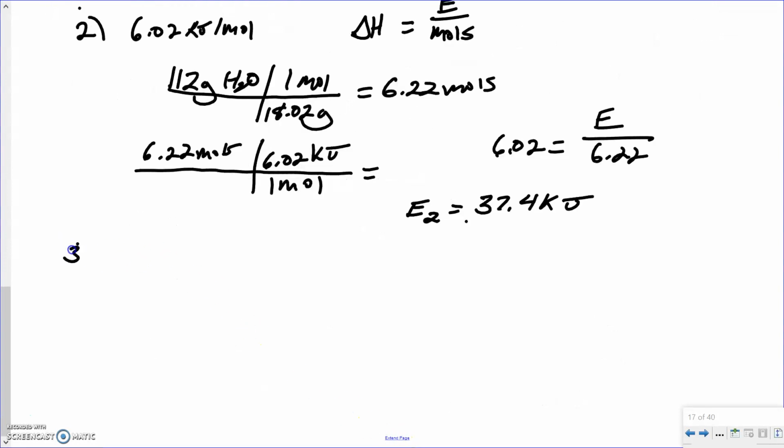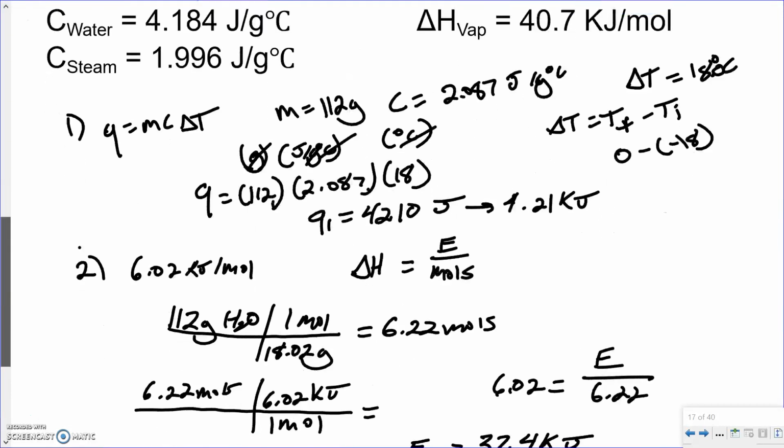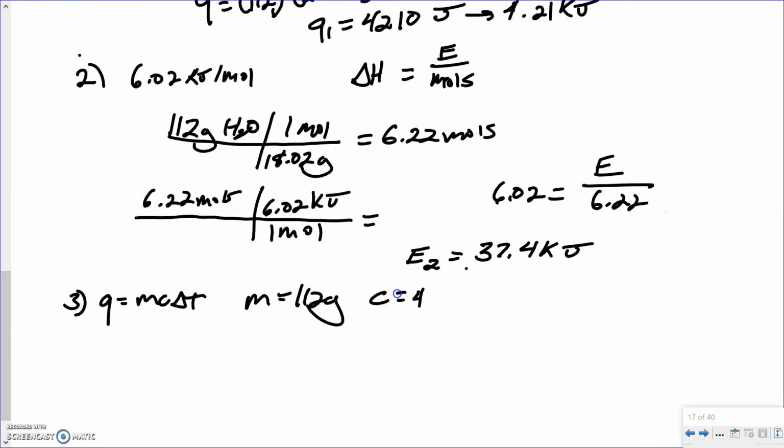And we're going to do step 3, which again is Q equals MC delta T, where our M is still 112 because we haven't changed the amount of water we're dealing with. Our C is now different because we are dealing with liquid instead of ice, which is 4.184. Okay, and we are dealing with a change in temperature of 100 degrees Celsius.